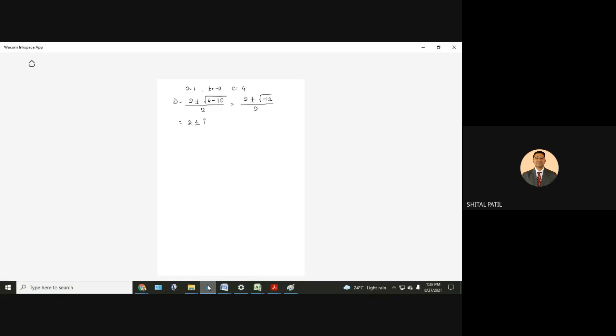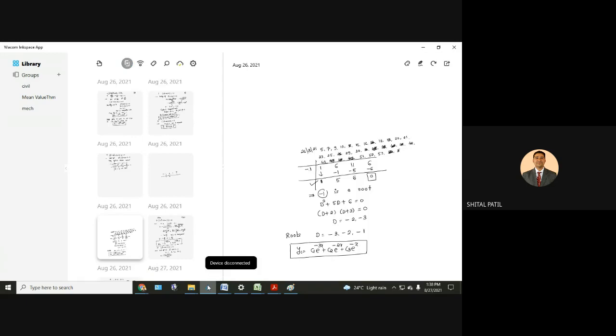So I, 2 root 3. Hope everyone is getting this. If not, it is like this: 2 plus minus 4 into minus 3 divided by 2. So this root of 4 is 2 that we have written here. Root of minus 1 is I.